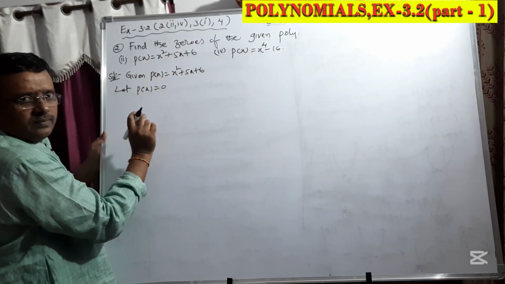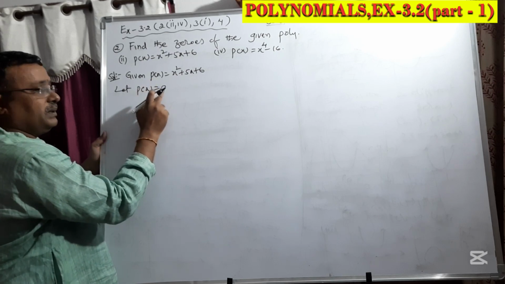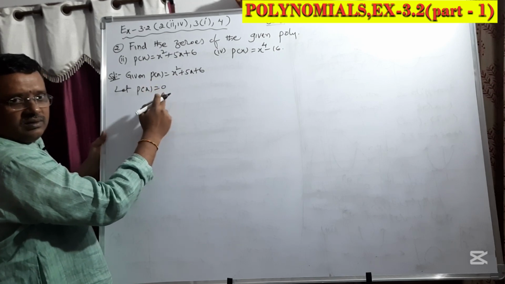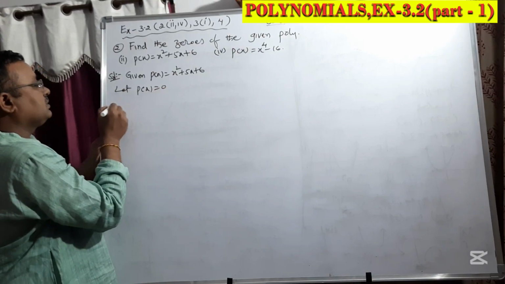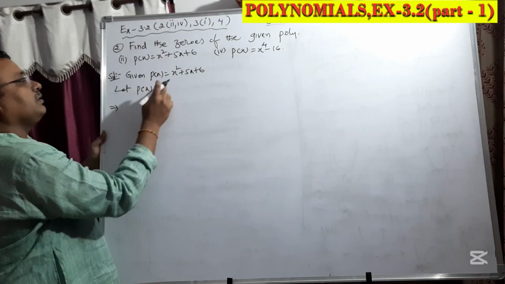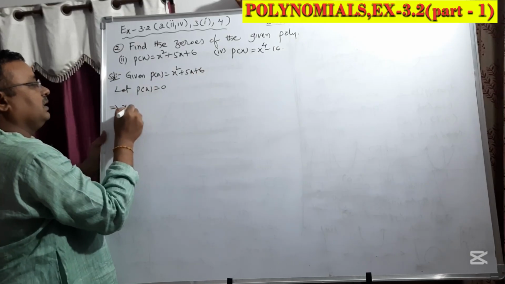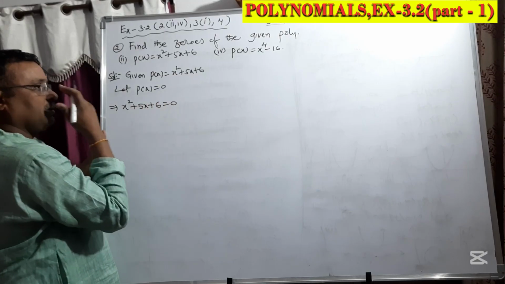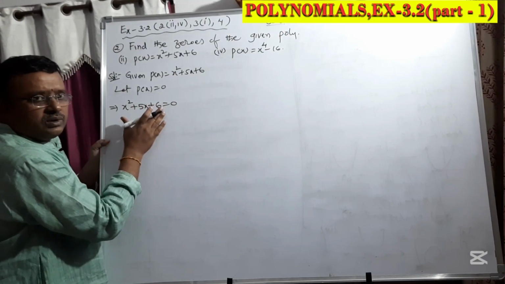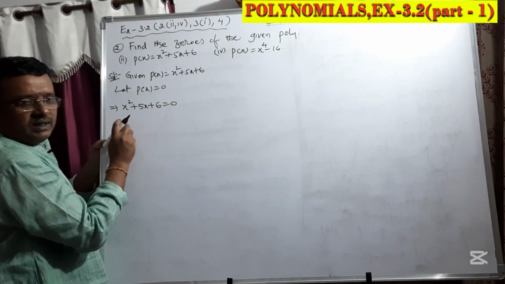That is the point. Whatever values of the variable we get, those are the zeros. So p(x) = 0 means x² + 5x + 6 = 0. So how can we find these possible x values?